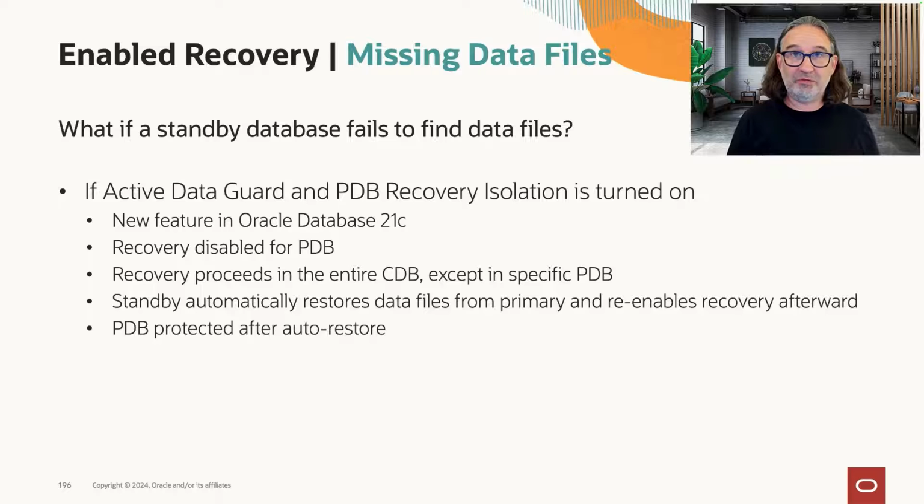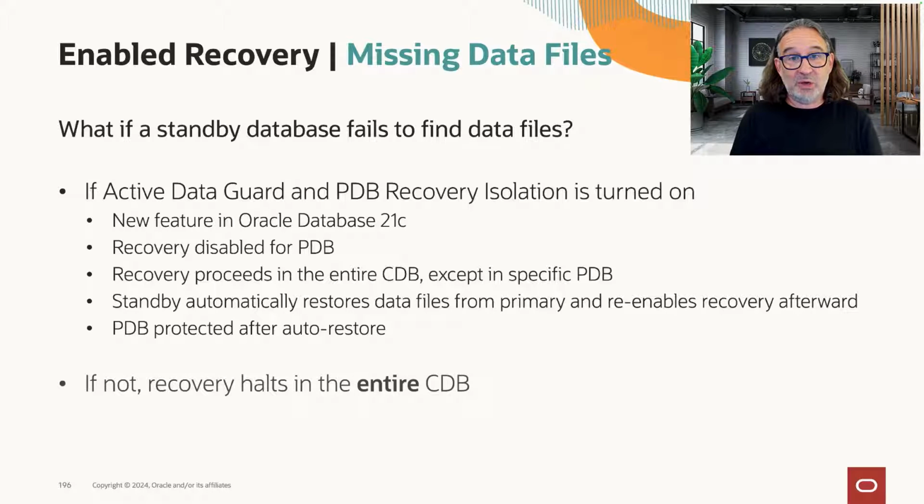It's a 21c feature, and of course 23ai, it requires that you have Active DataGuard and you need to turn on PDB recovery isolation. And when you do this, in the unlikely event the PDB standby does not find a specific file, it will ask the primary, get it over, and then restore it automatically. Why is this so important?